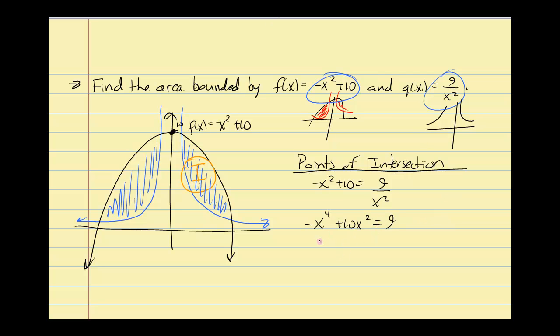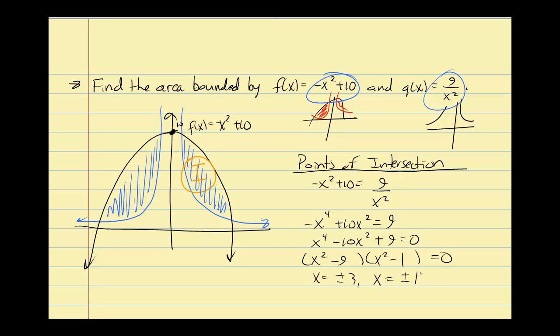And then I'm going to move everything so I have a positive leading coefficient. So x to the 4th minus 10x squared, add the x to the 4th across, subtract the 10x squared across, plus 9 equals 0. And hopefully this will factor. X squareds look good here, minus 9, minus 1. And I get x equals plus or minus 3, x equals plus or minus 1 for my points of intersection.